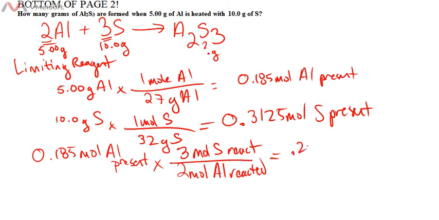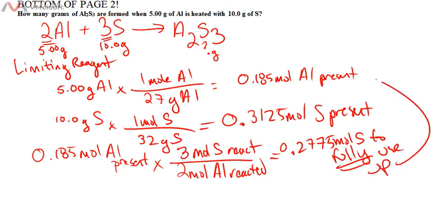It would take 0.2775 moles of sulfur to fully use up that much aluminum. Do we have that much sulfur? Yes, in fact we have 0.3125 moles of sulfur. So what does that mean? It means that the aluminum is used up first, so aluminum is our limiting reagent.